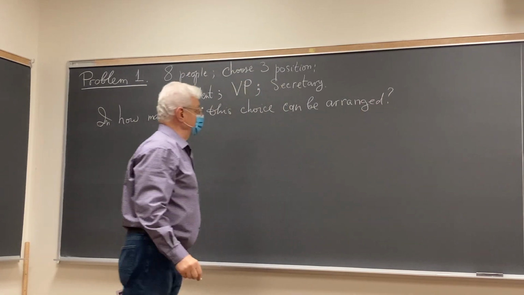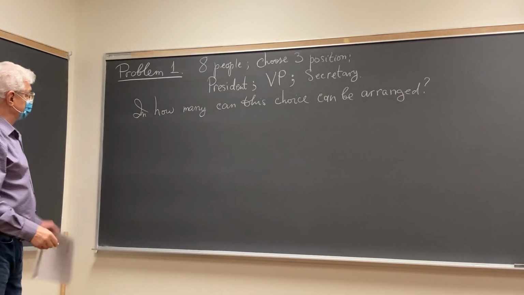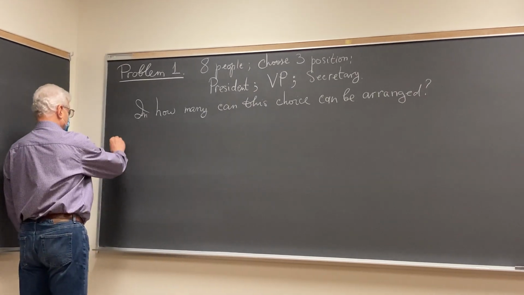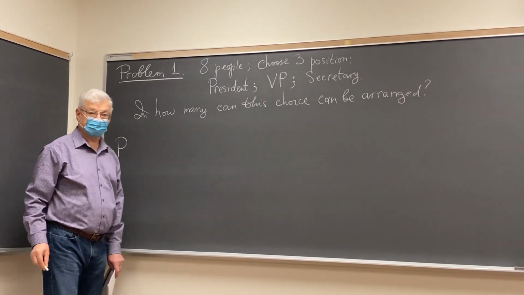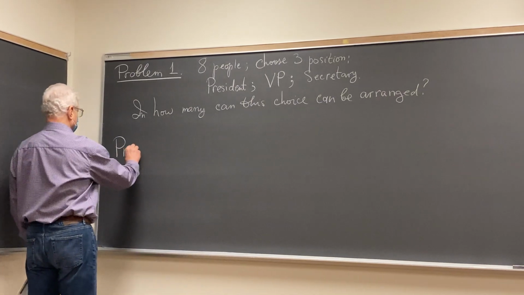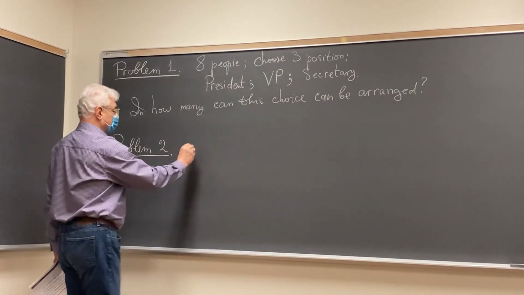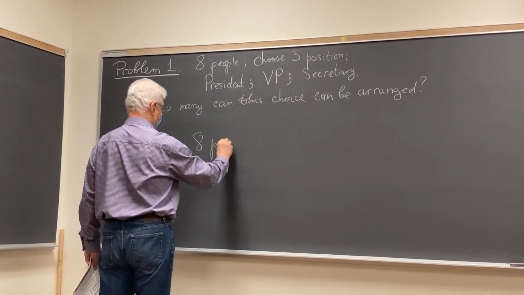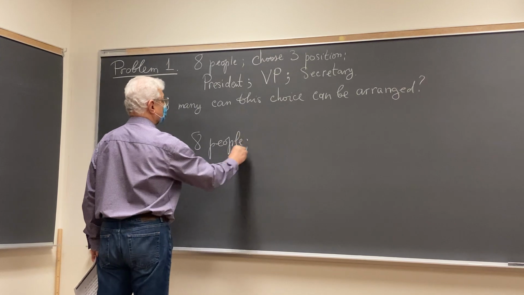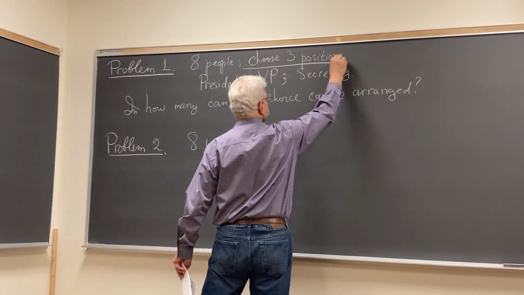We'll solve this problem immediately, but first I formulate another problem, and you have to see the difference between these 2 problems. Problem number 2. Again, 8 people, 3 positions.